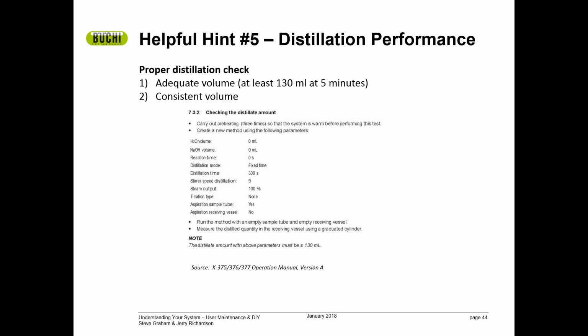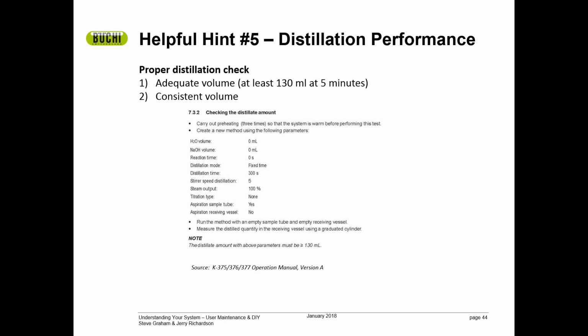Let's take a moment and do a very simple diagnostic that you should put in your system. I would highly recommend putting in a method that is called distillate check or distillate volume.